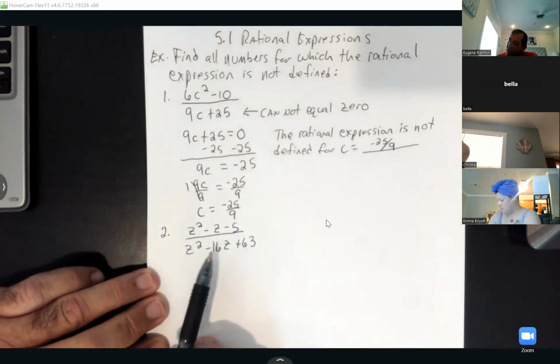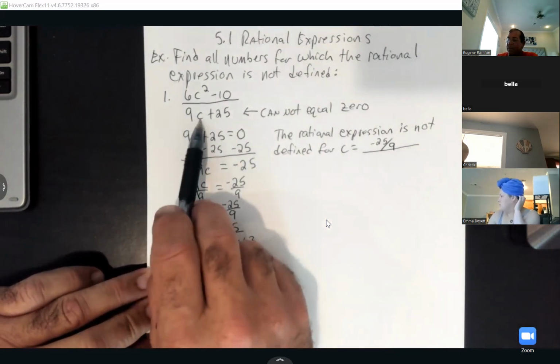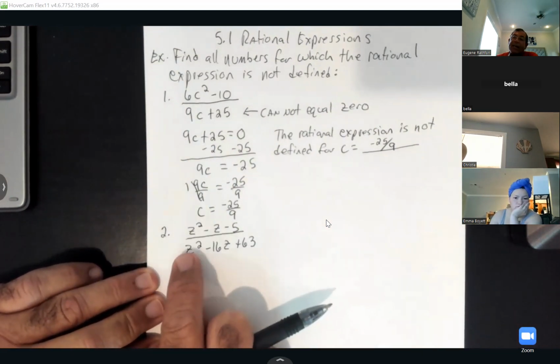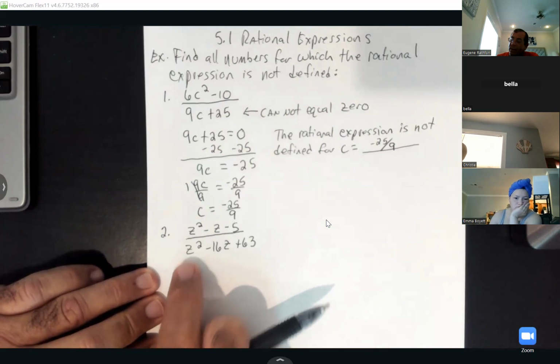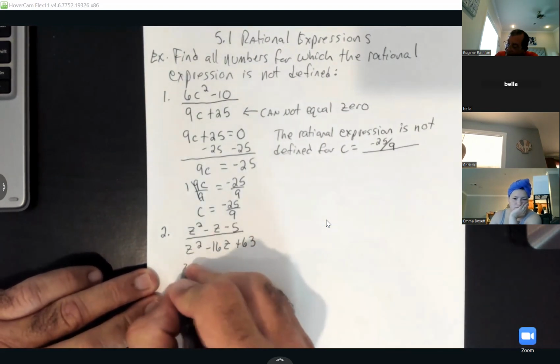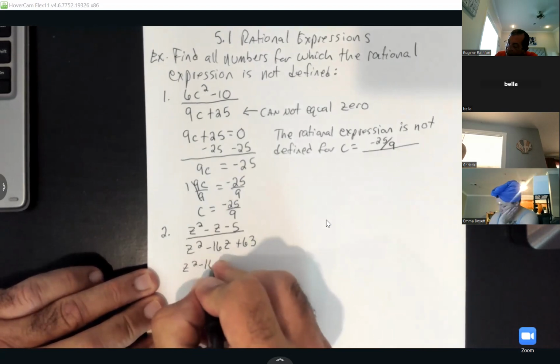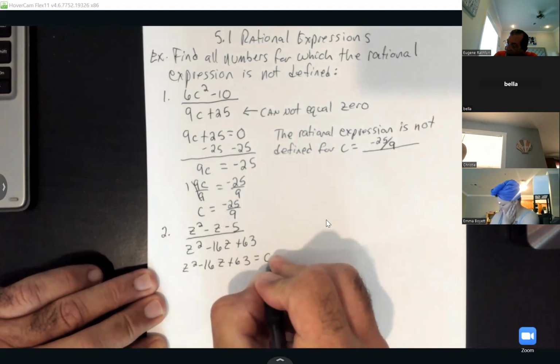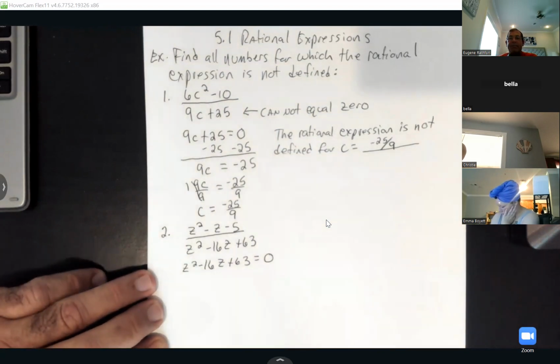So the difference on this one is the first one only had a c as my variable, but down here, I've got a z squared. So I'm still going to take the bottom of this, z squared minus 16z plus 63, and I'm going to set it equal to 0.